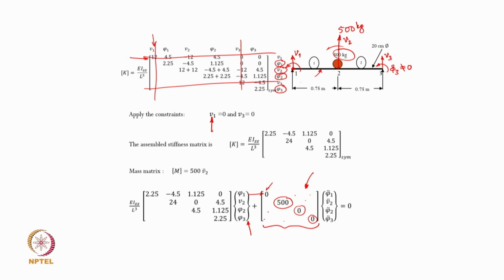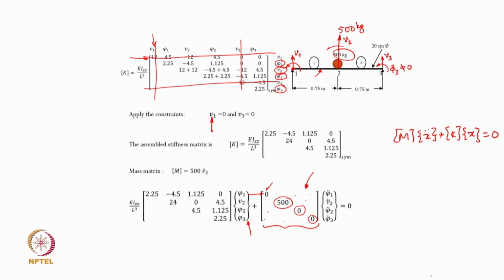Now, as we have been formulating this as a governing equation of motion, this basically is m x double dot plus k x equal to 0 or equal to f of t. This is your governing equation of motion representing the system which we started dealing with.